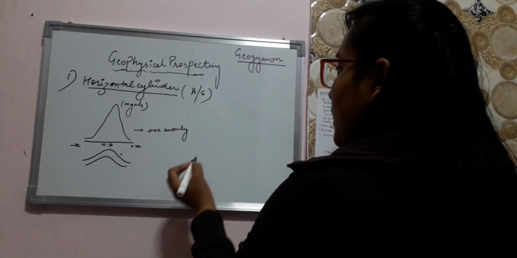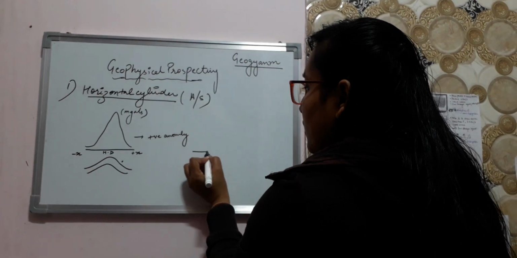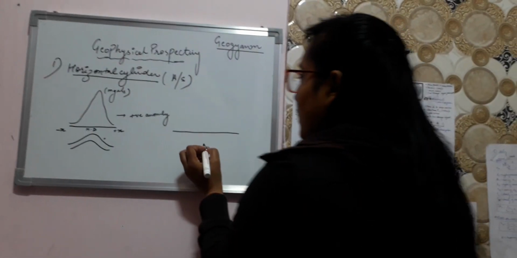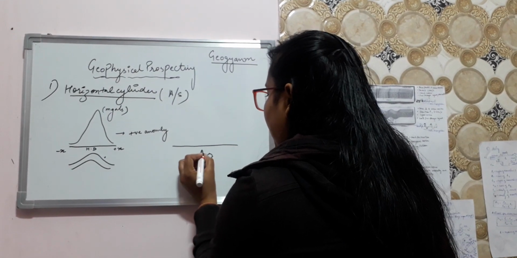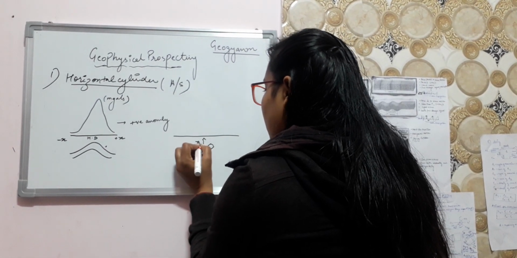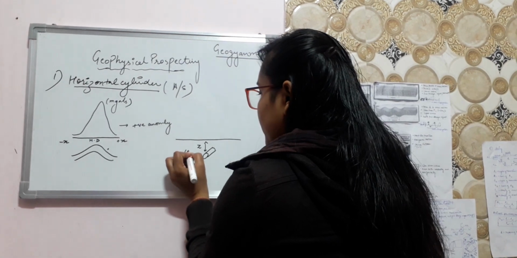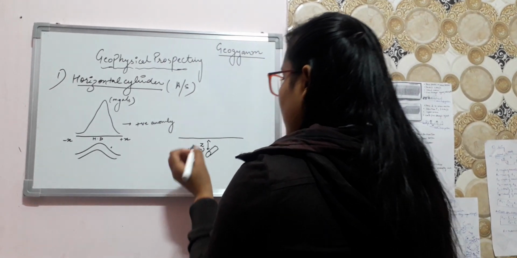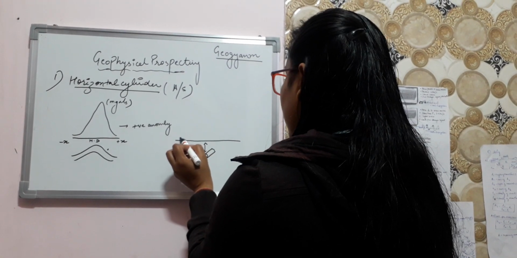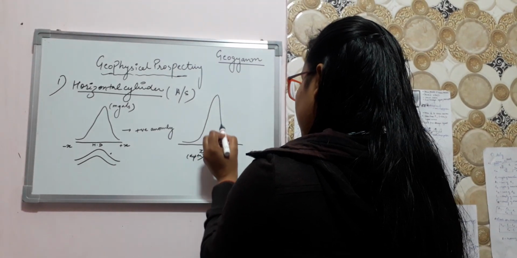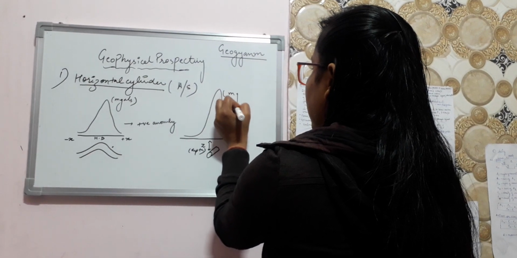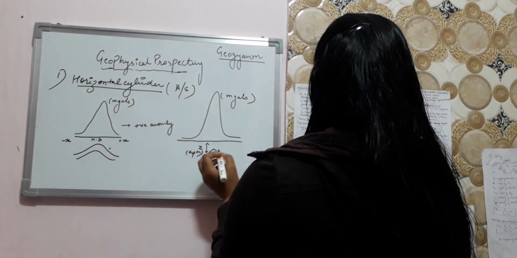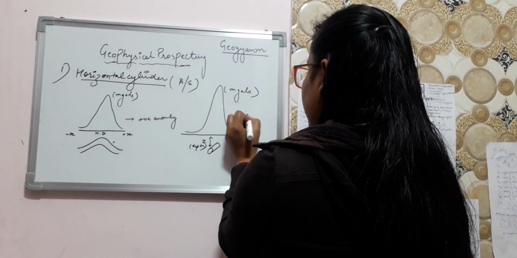And for the horizontal cylinder model, there will be a cylinder here. It is at depth Z, and the deflection will be like this. So this is milligals, and it is the positive anomaly.